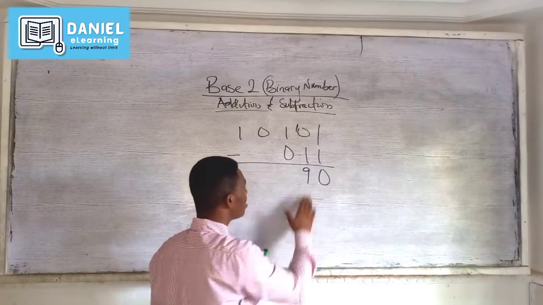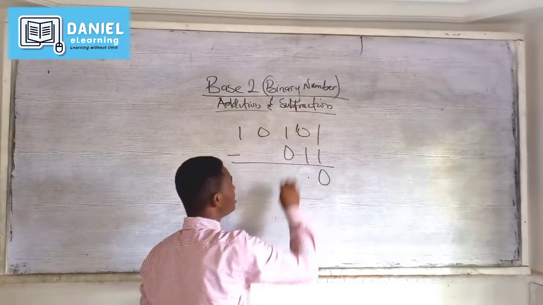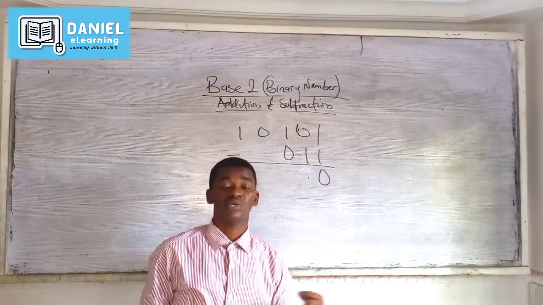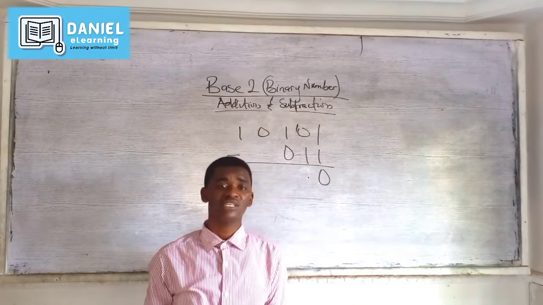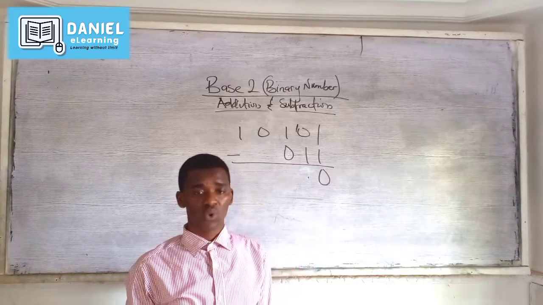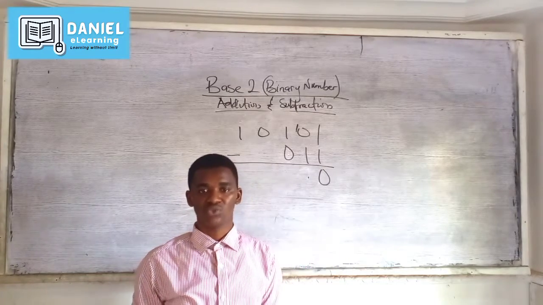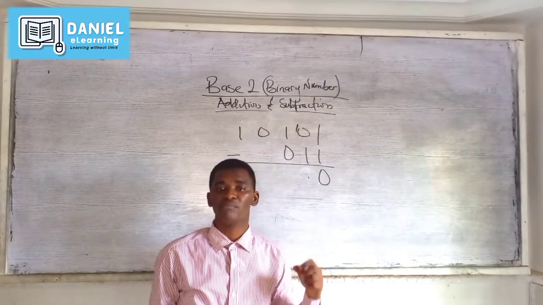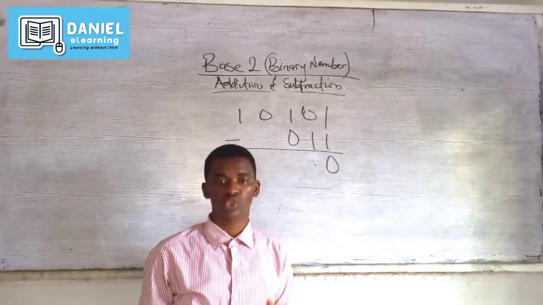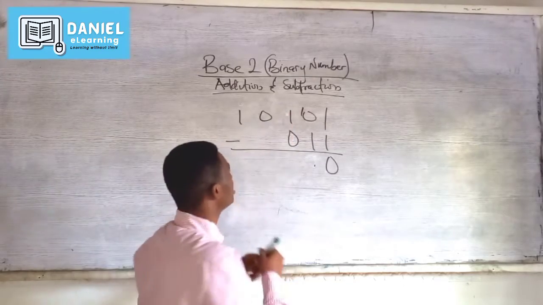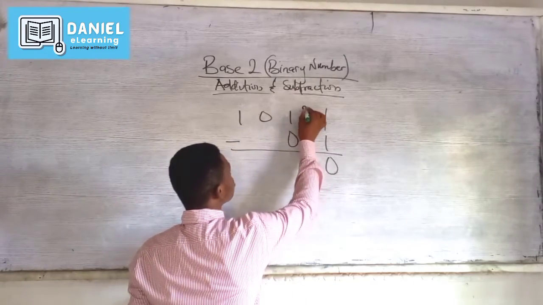Now in binary, I want you to know that the case is not the same as how we were taught in primary school, because our teacher was teaching us to add and subtract in base 10. But this time around, this is in base 2. So any number you are borrowing is not 10 but 2. So the 1 I borrowed from here is not 1. Therefore, it is 2. I'm going to put 2 here.